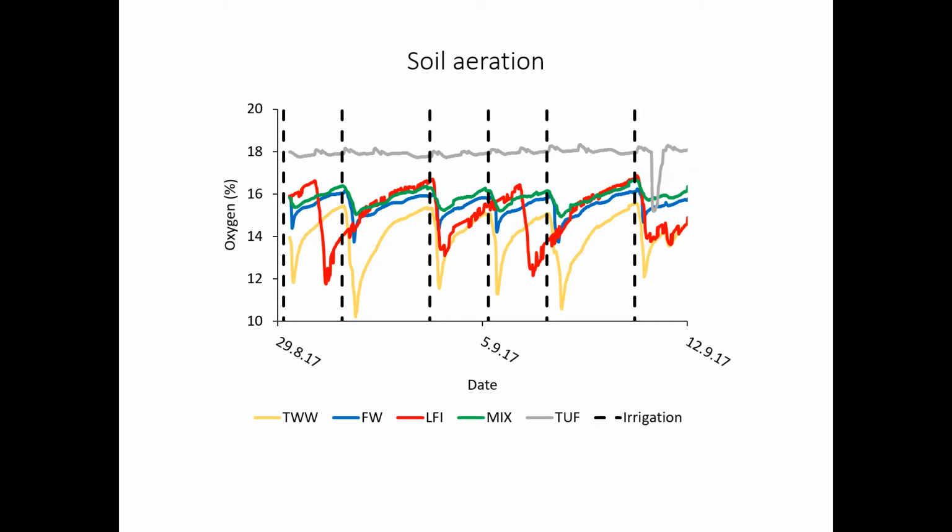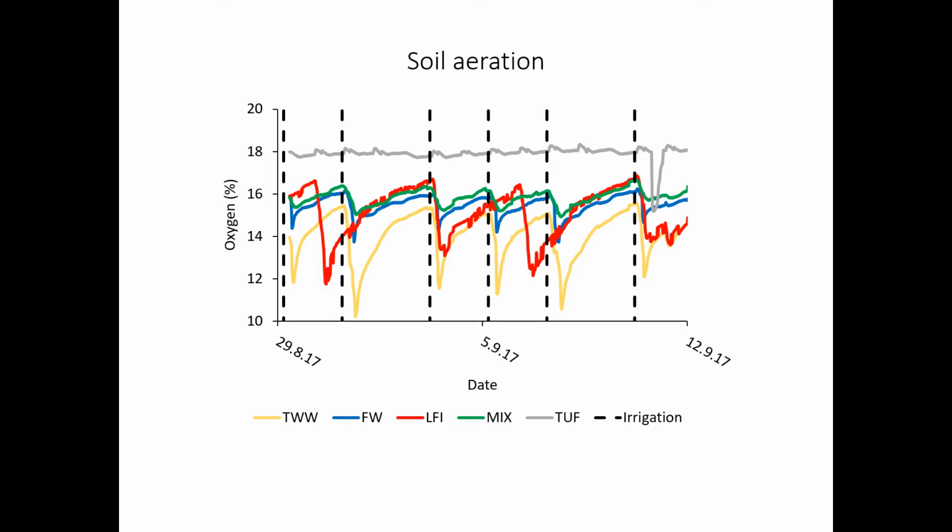If we add the measurements for the treated wastewater, what you can see is a very sharp drop whenever we irrigate, a difference of around 5% in the oxygen in the soil pores. You can see it corresponds very clearly to irrigation events. The low values are around 11%.